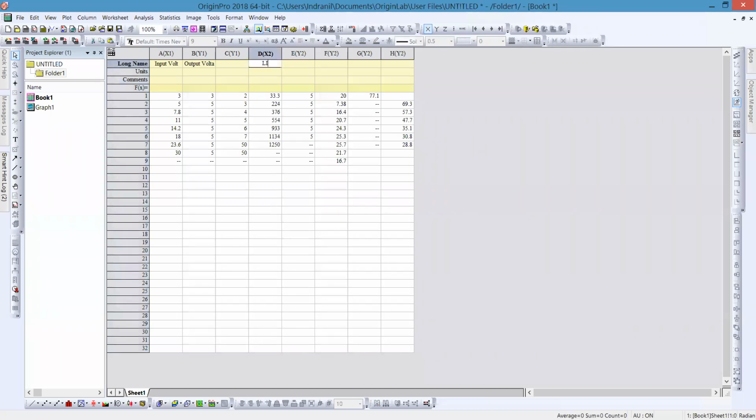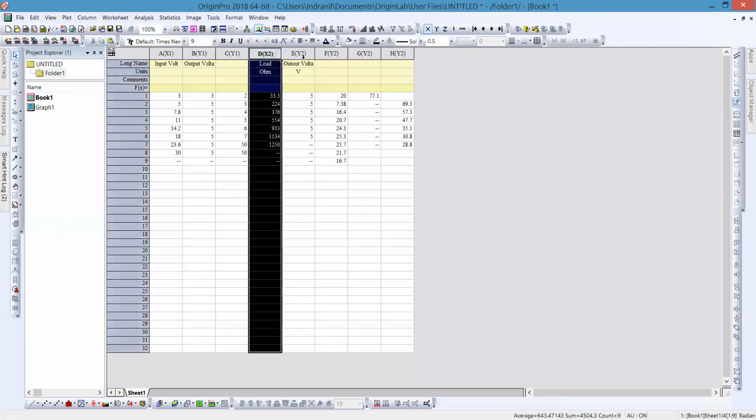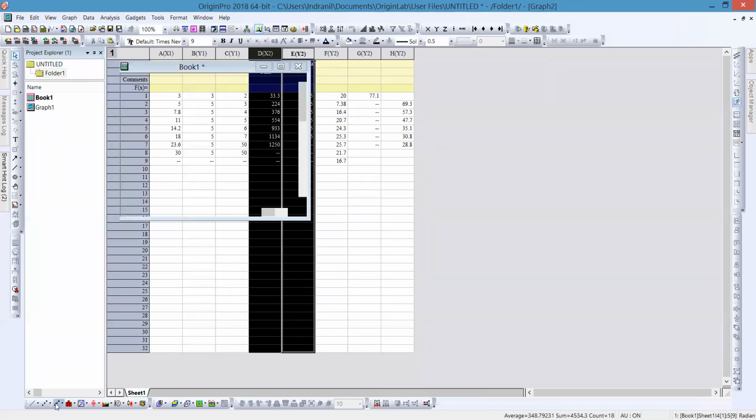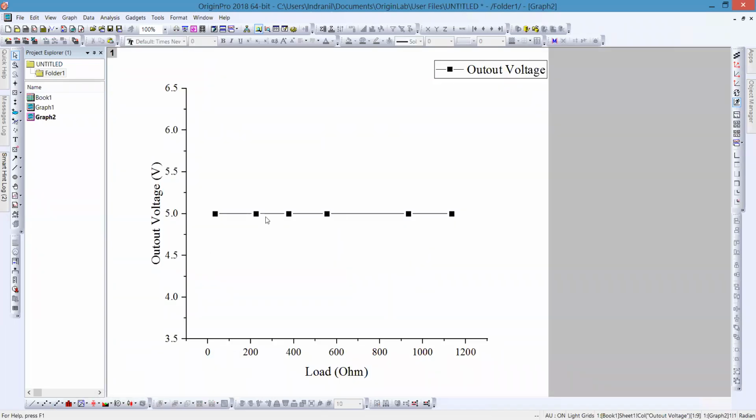So this is our load and this is our output voltage, obviously in unit of volt, and this is in ohms. Okay, now plot this one. Now it is completely smooth curve.